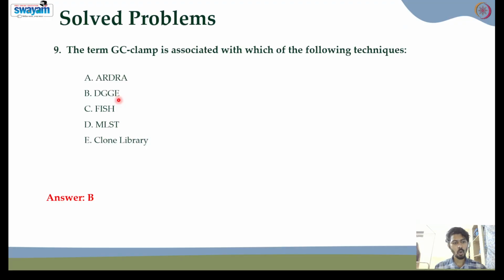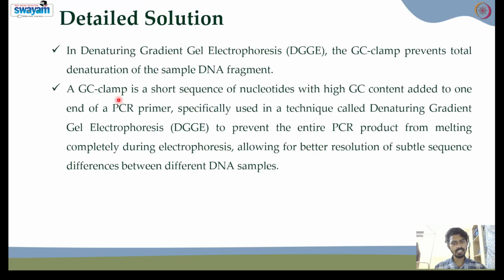Yes, it is correct. Option B, DGGE. First, we will understand what DGGE is. It is denaturing gradient gel electrophoresis, where the GC clamp prevents the total denaturation of the sample DNA fragment. And here the separation is based on melting profile.